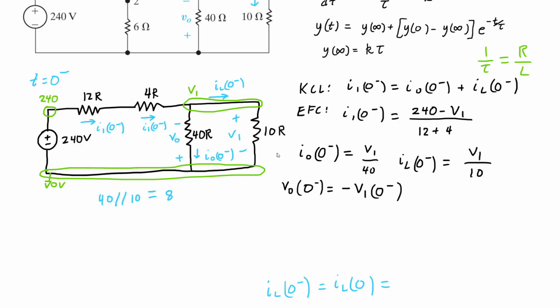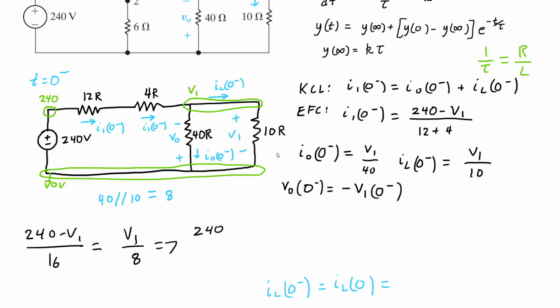So I'm going to set those equal to each other. So (240 minus V1) over 16 is V1 over 8. You can see that since these are the same kind of base, making it 8 makes the math a little bit simpler.